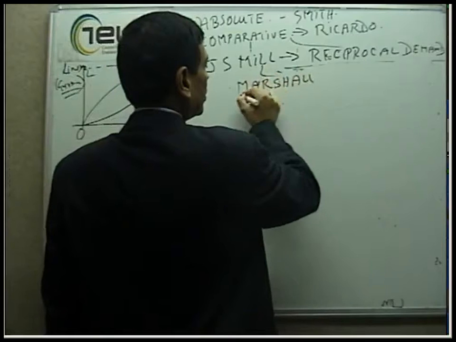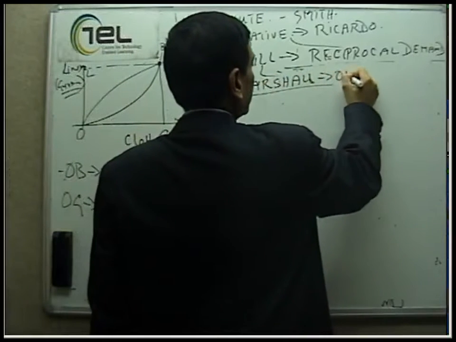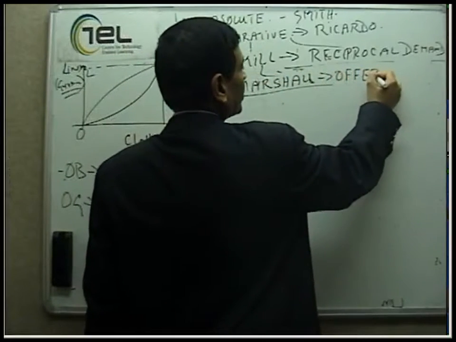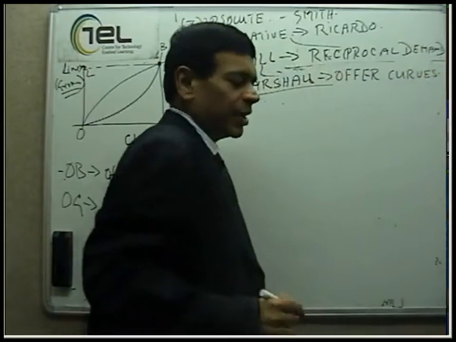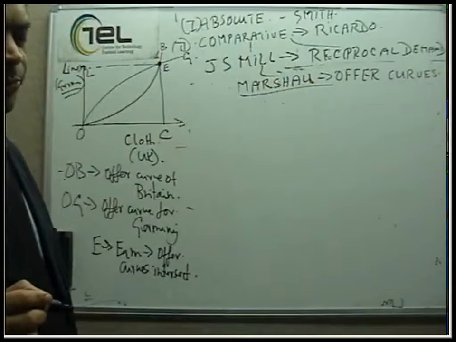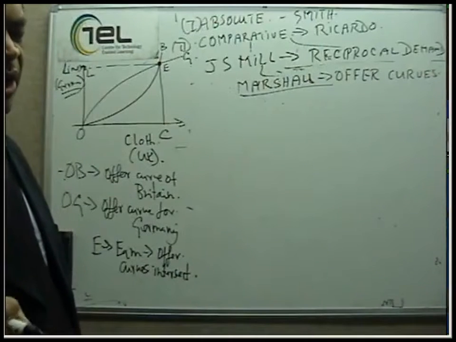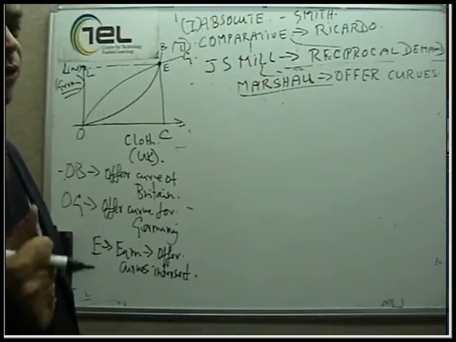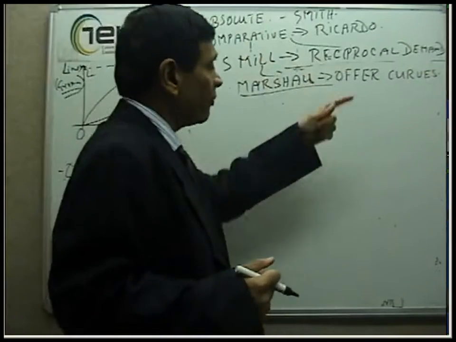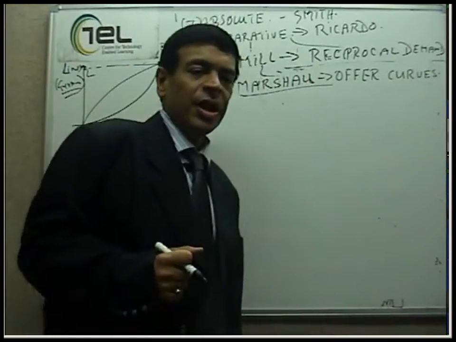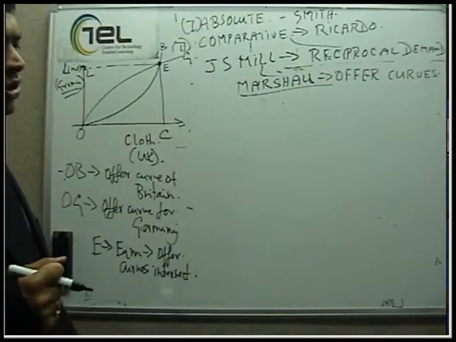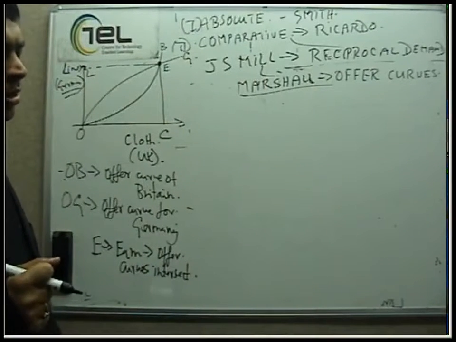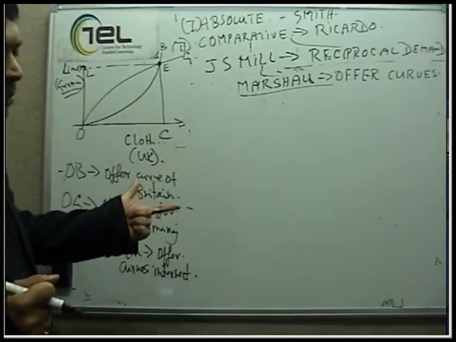Marshall is another famous economist who explained the concept of reciprocal demand through offer curves. Offer curves basically suggest the production and export of goods by a country in exchange of import of goods from another country. So the concept of reciprocal demand suggests the quantity of imports demanded by a country in terms of the quantity which it is willing to give up in exchange.